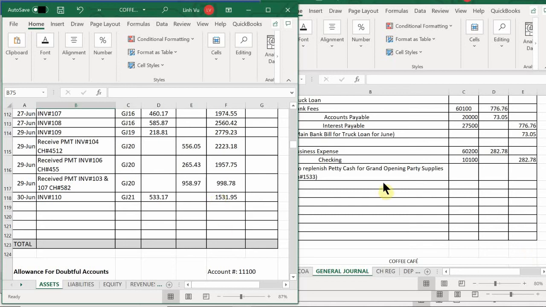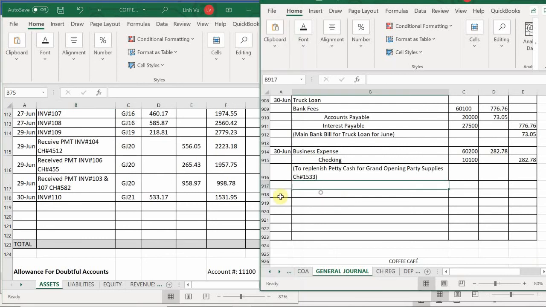So, how do we journalize this? If 5% of 1531.95 is to be uncollectible.